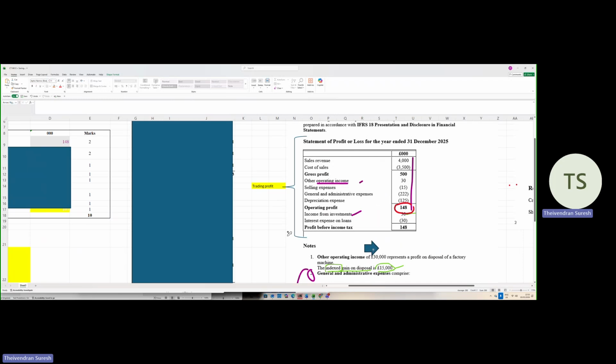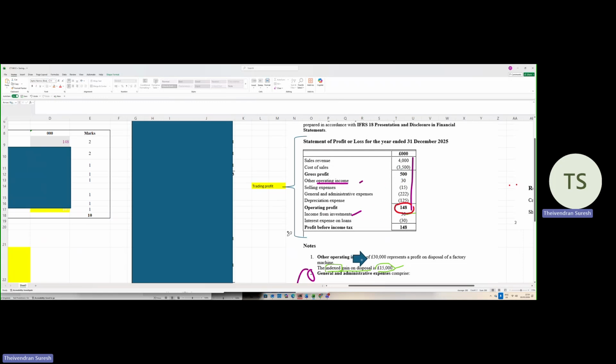Trade means profit that you get from main business activities. So selling factories is not your main business activity, not Catherine's business activity in this example. Therefore, this can't be trade related. It was a profit you added. This was added with the 148.